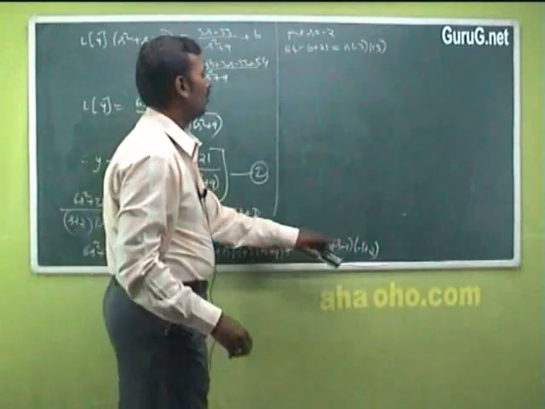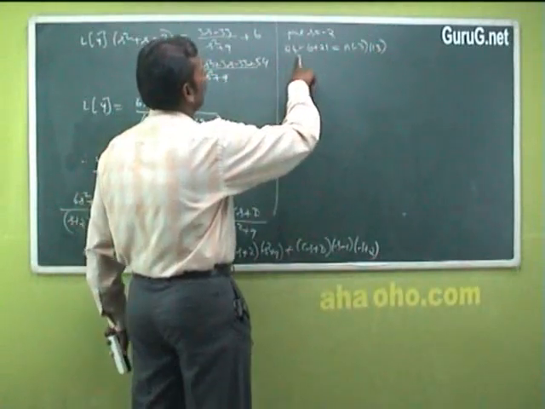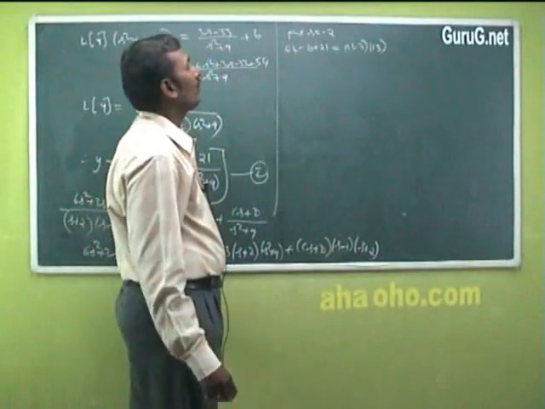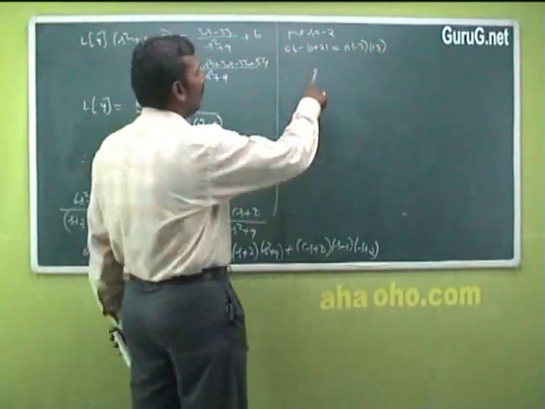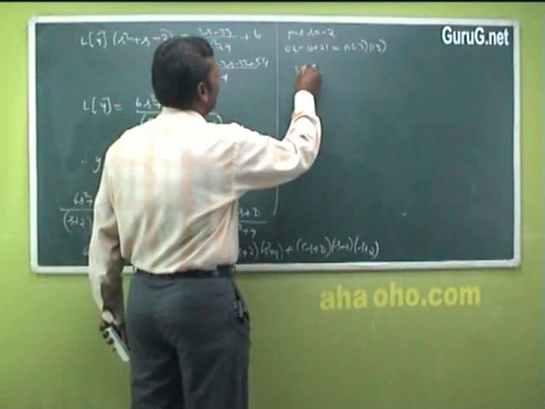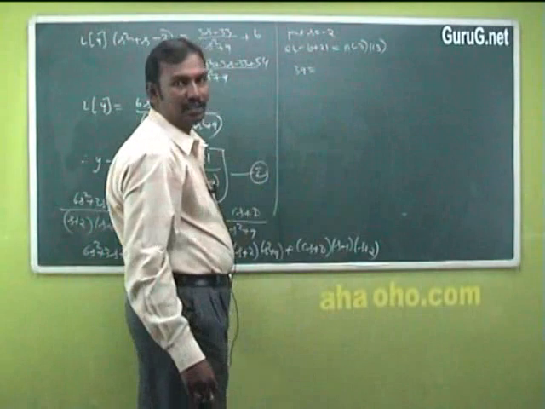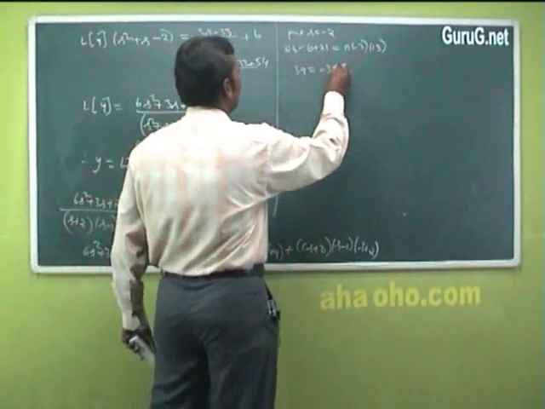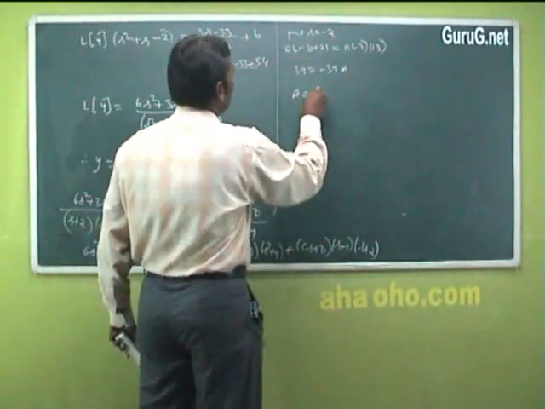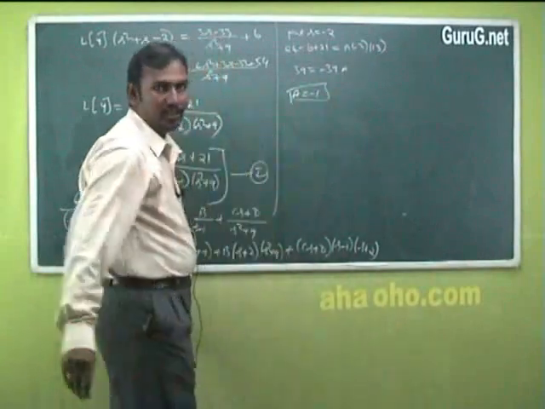This is 0, this is 0. 24 minus 6 is 18, 18 added gives 39, right? So minus 3 into 13 is 39, so minus 39a. So a equal to minus 1, right?